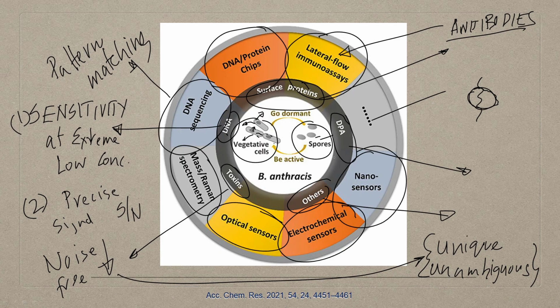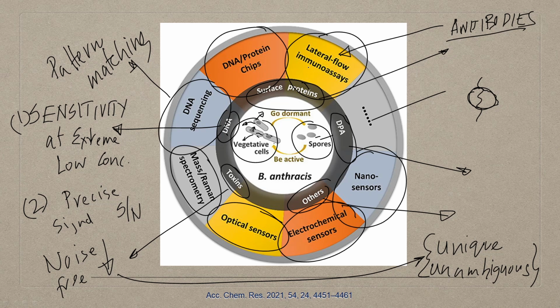Say, for example, one of these toxins donates an electron, you capture that, or vice versa, it accepts an electron and gets reduced, you capture that signature. But that has to be a very unique signature, at what potential or at what voltage this whole phenomenon is going to happen.